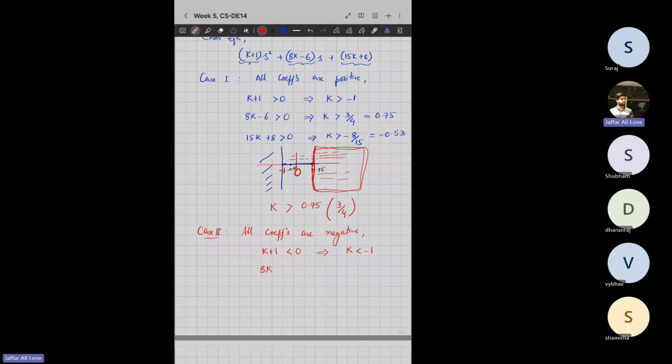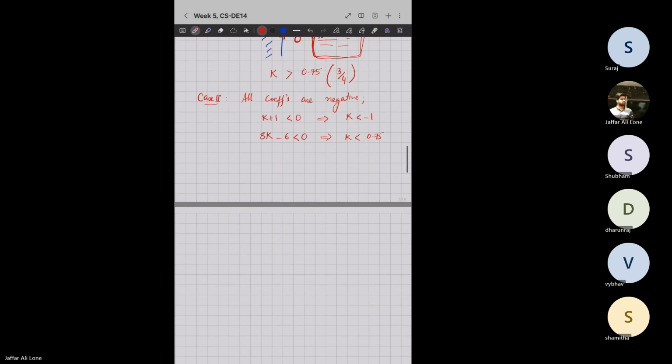Similarly, 8K minus 6 is less than 0, which implies K is less than 0.75. My third, 15K plus 8 is less than 0, implies K is less than minus 8/15, which is equal to minus 0.53.